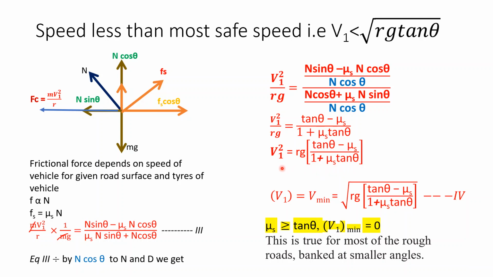So the value of the speed can be written as square root of rg into tan theta minus mu s upon 1 plus mu s tan theta. This is a speed which is less than the most safe speed.